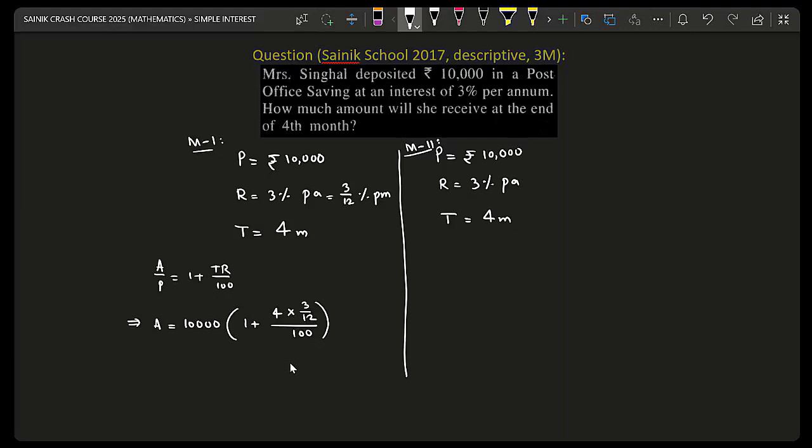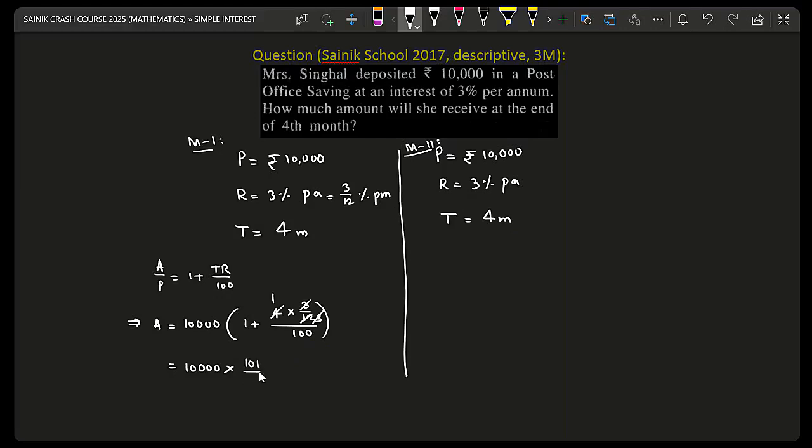Sir, 4 and 12 divide, 4 ones and 3. Yes, 3 and 3 also get cancelled. Yes, 1 plus 1 by 100. Sir, is it 101 by 100?